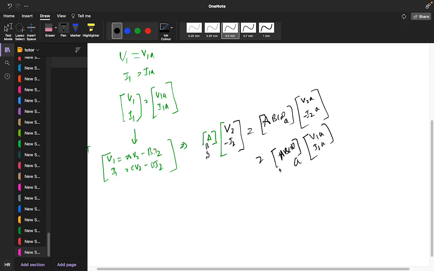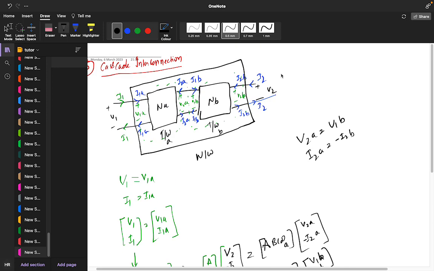So for this network I can write the ABCD network of A into the ABCD network of B, multiplied with V2. This is V1, this will be V1B, I2B. So V1, V2B, and I2B.